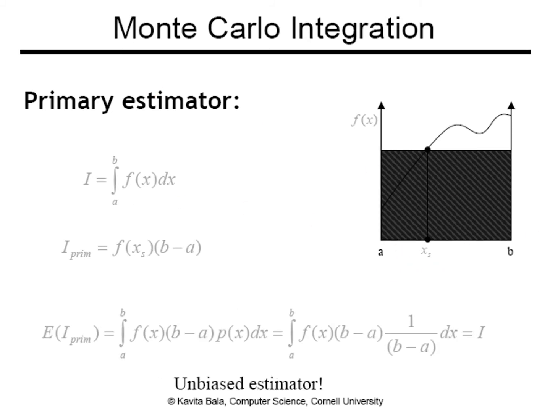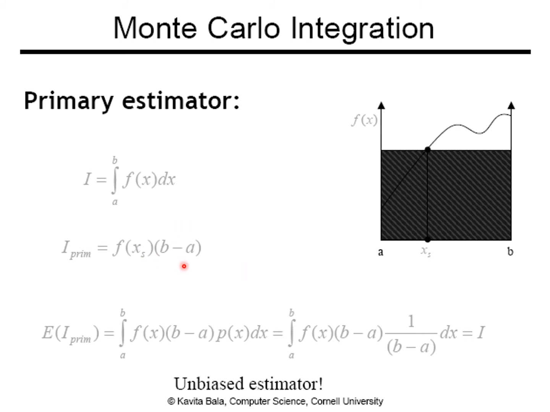Now let's talk about another example. Basically, the same simple function, but in this case the domain of this function is from a to b, not 0 to 1. And in this case, we define the primary estimator. Actually, I used x sub s, but here the primary estimator is defined simply as f of x divided by p of x.